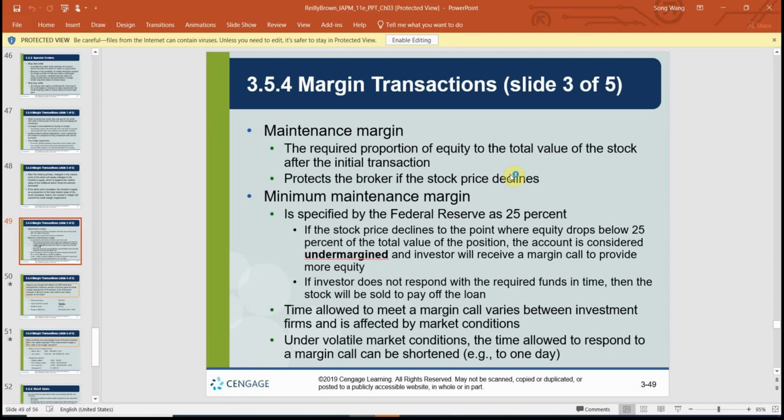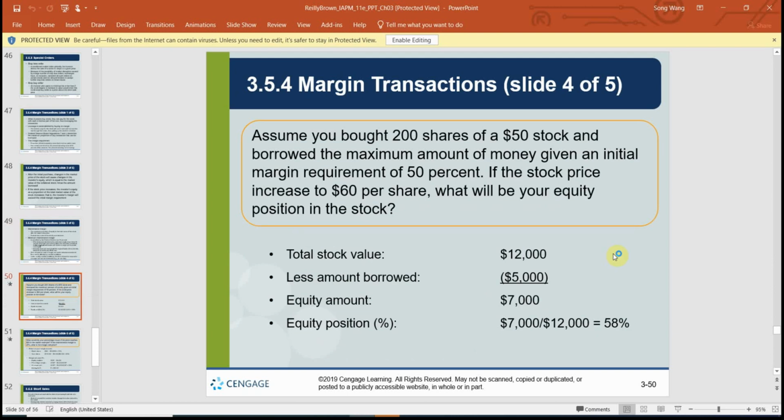All right, so I think if we put it into practice, you will understand a little bit better. So right now, assume 200 shares of a $50 stock, and borrow the maximum amount given the initial margin requirement of 50%. If the stock price increased to $60, what will be your equity position? So right here, you can see that the total market value, stock value is $60 times 200 shares, so that's $12,000.